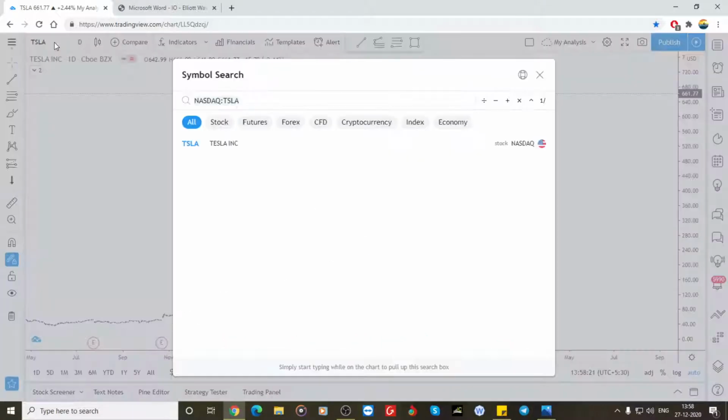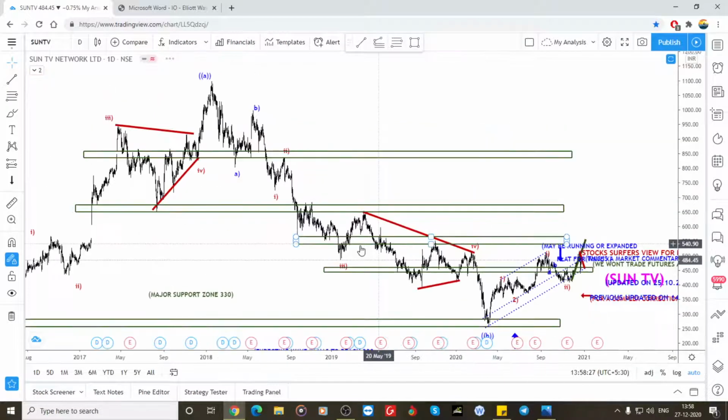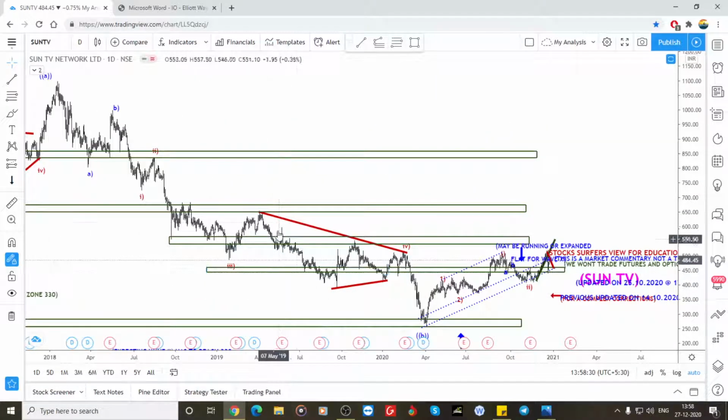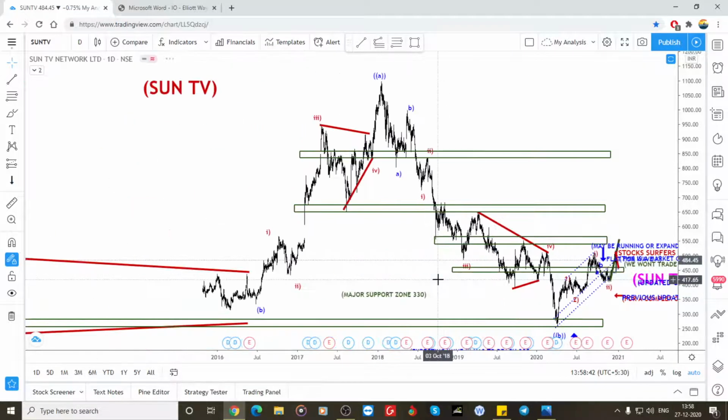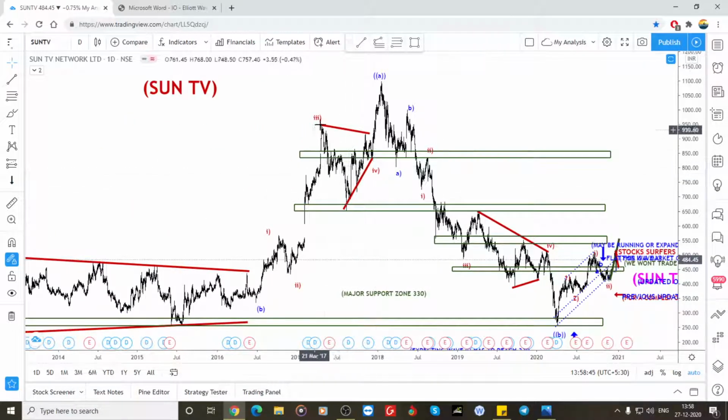I'm just watching a lot of things in Nifty. For example, Sun TV is good, and this is a running triangle in the fourth wave. So A, B, C, D and E. Everything inside has three-wave structures. After this, the flat correction in the impulsive wave fourth is a triangle, and here also the fourth wave is a triangle.